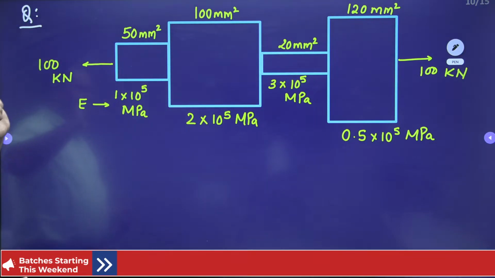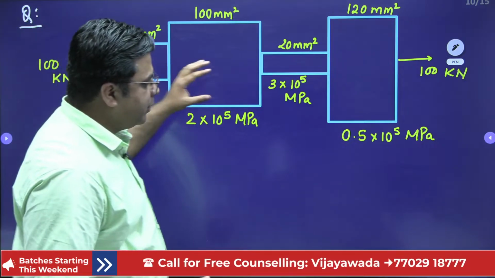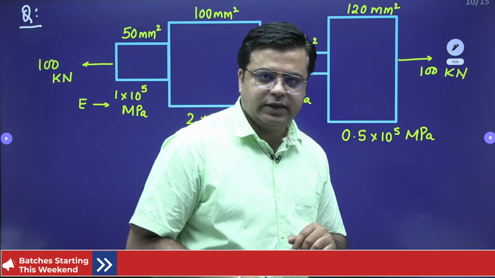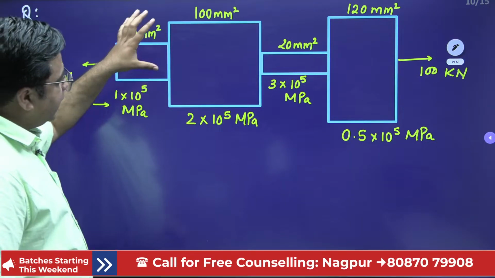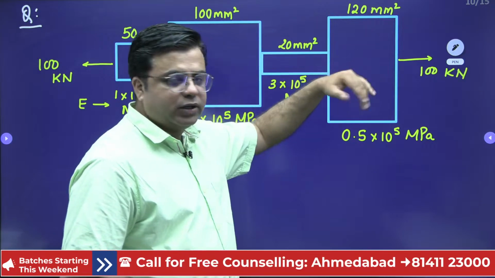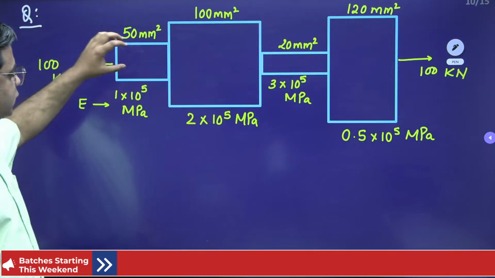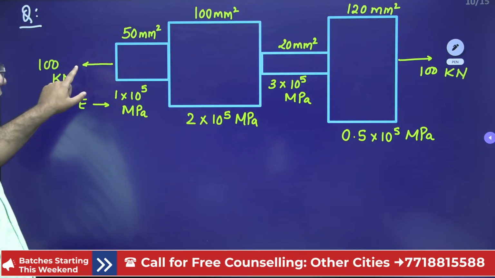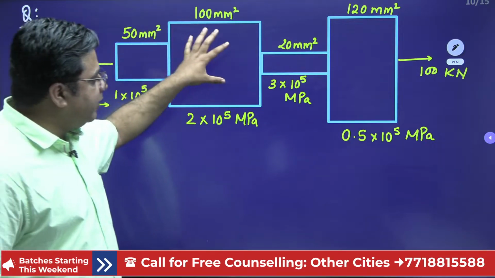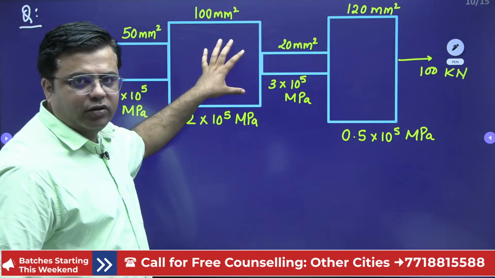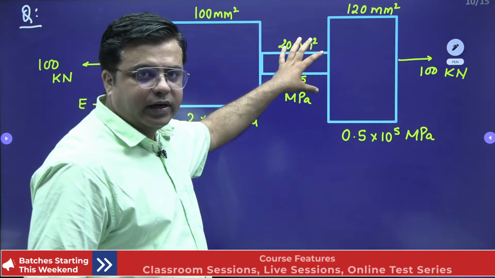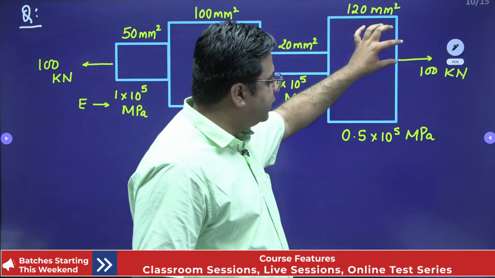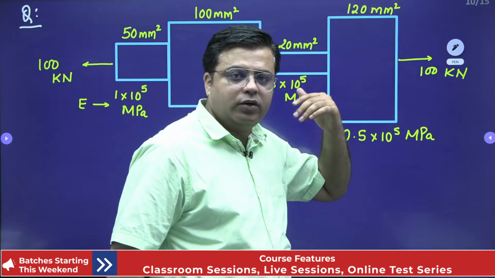Right, so the first thing is clear: all these members are connected in series. When the members are connected in series, the amount of load acting in all the members will be the same. So for the first member, the load acting is 100 kilonewton tensile. For the second, third and fourth members, the load acting is also 100 kilonewton tensile.